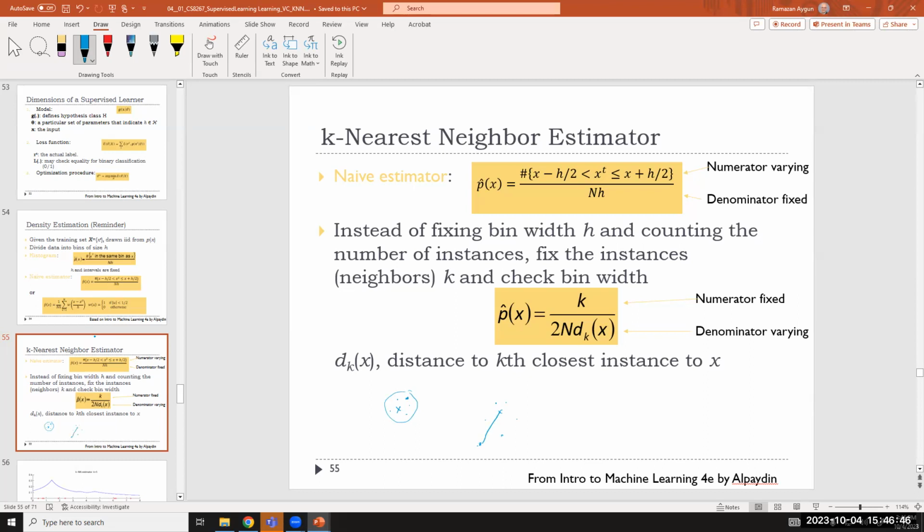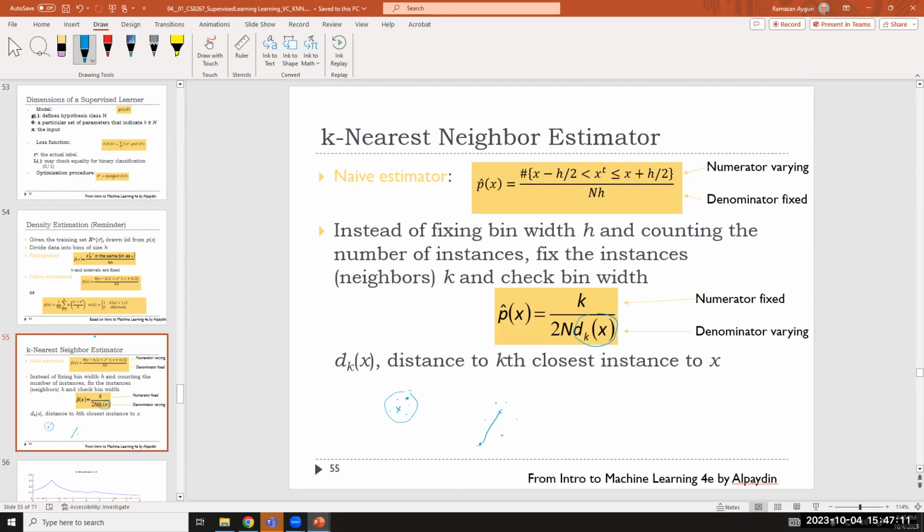So this is not a dense area, because the 5th neighbor is a little bit far. If the distance increases, the density will go down. That is how it is measured.